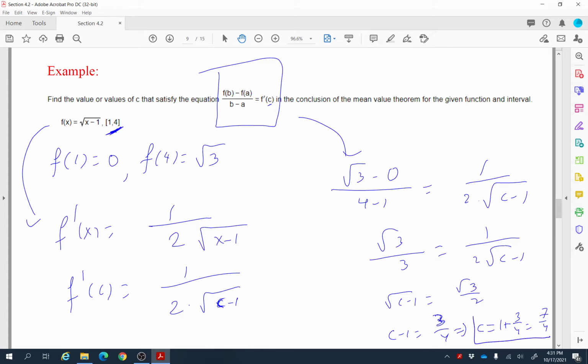That means there is a value of c inside this interval, 7 over 4, such that the derivative of the function at that point is equal to this value. So the answer is 7 over 4.